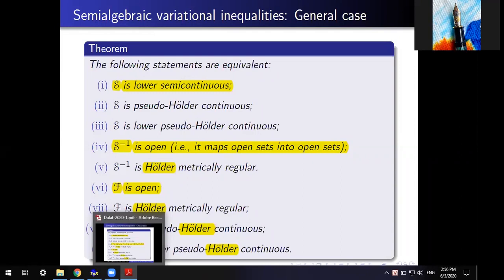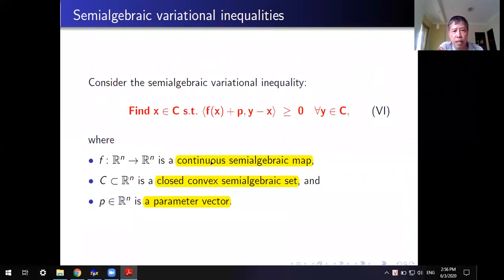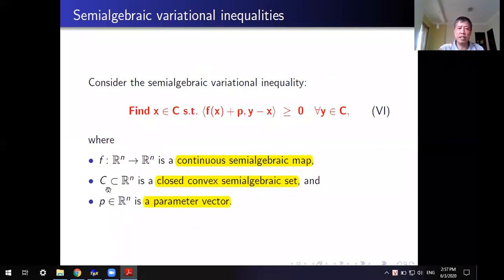So there are two different maps. Under this assumption, if F is a semialgebraic map and C is a semialgebraic set, this implies the solution map here is Hölder metrically subregular. I need this assumption, because under this assumption the solution map is always a semialgebraic map.